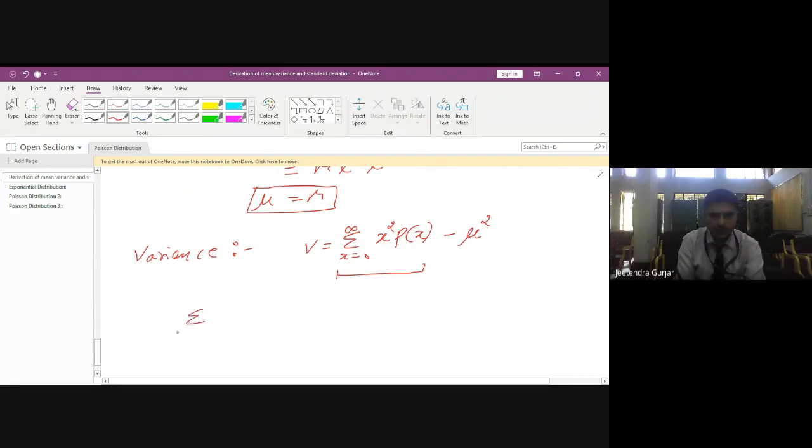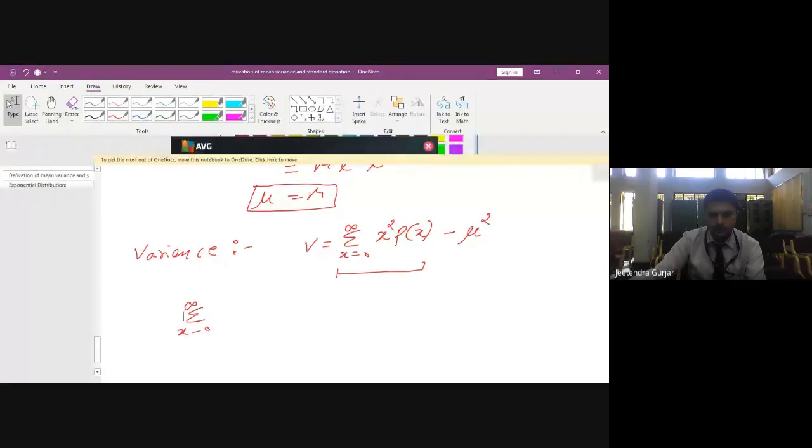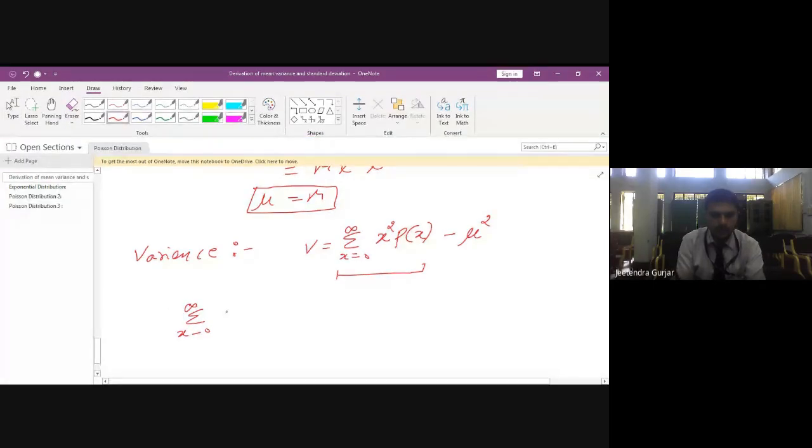Therefore, I am going to take this as summation x from 0 to infinity. Yes, it is from 0 to infinity. Then you can take this as x square p of x. I think p of x you already know, friends. So I'm just simplifying this now. And here I will do a simple modification.